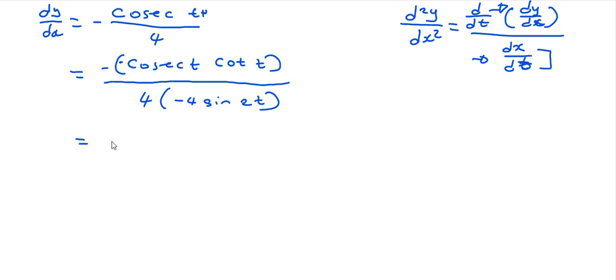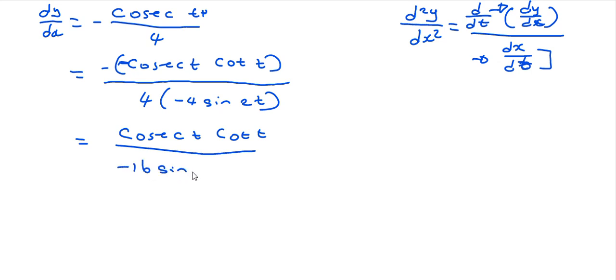If you can check, remember we have negative here. These negatives are going to cancel, and then you're going to be left with cosec t cot t all over negative 16 sine t sine 2t.